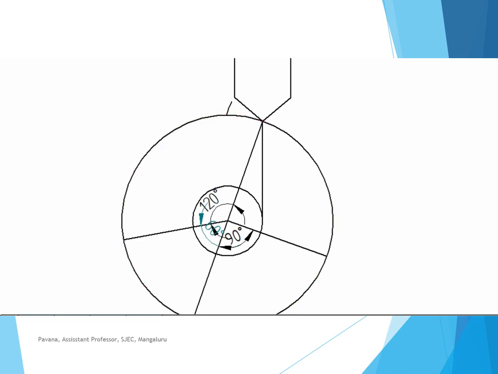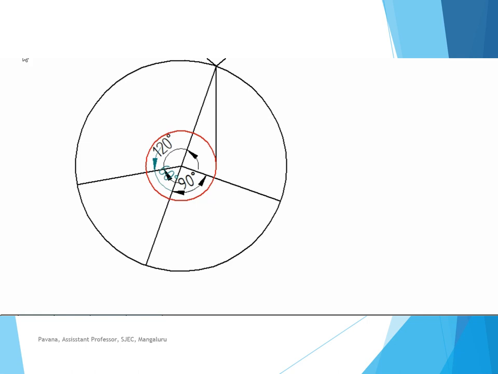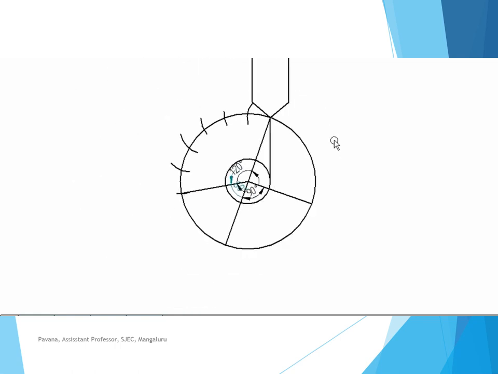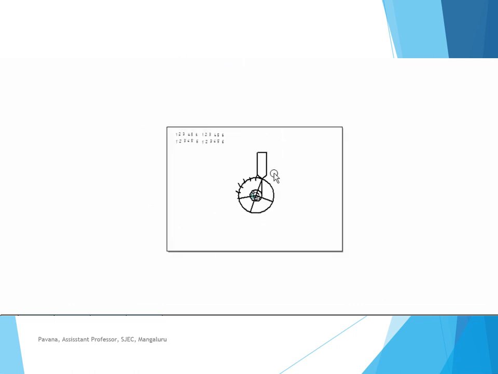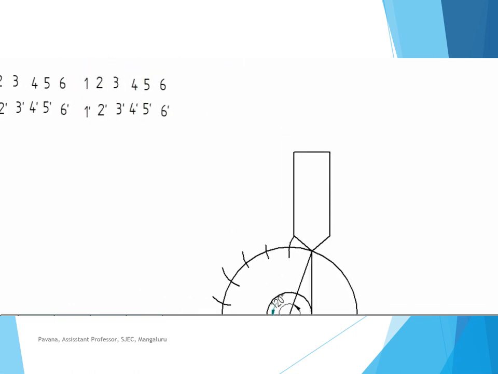So continue this arc throughout. So divide this into six equal parts. Like this, just mark on the circumference of the circle and name these points.